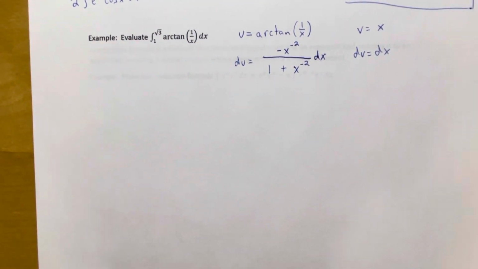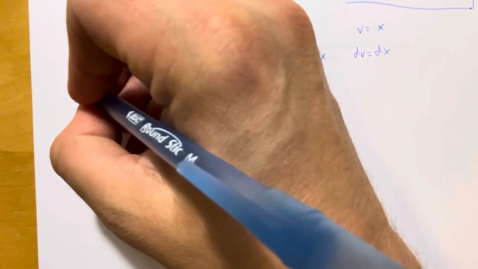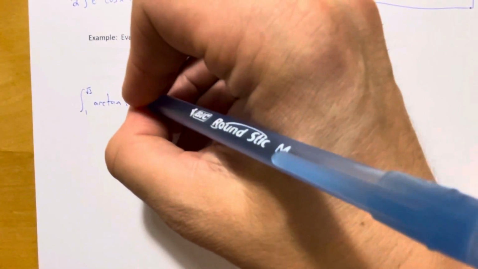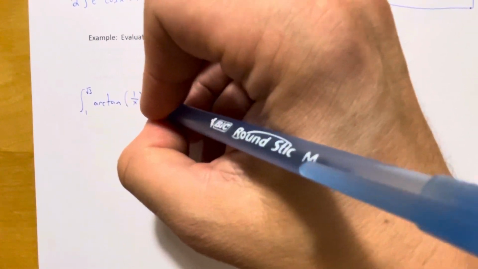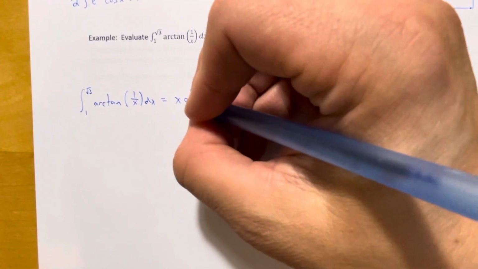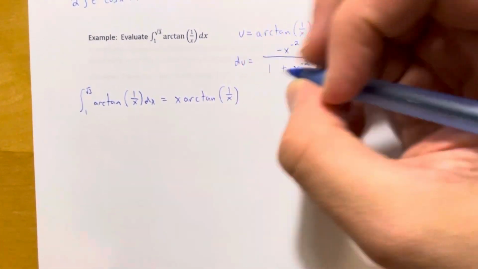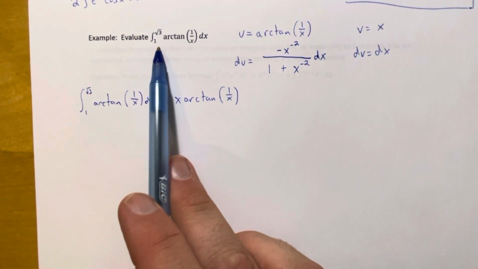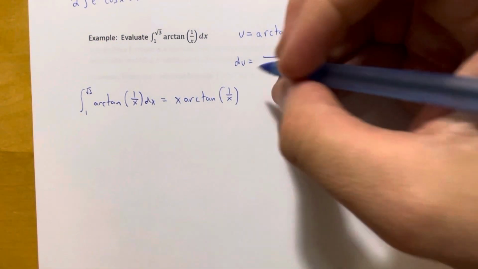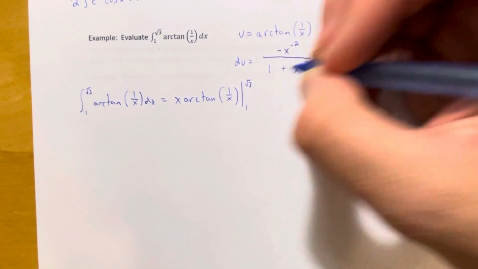Let's include that. Let's set up our integration by parts. So I have the integral from 1 to root 3 of arctan of 1 over x dx is equal to what? uv, which looks like x arctan of 1 over x. Now, because this is a definite integral, I don't want to just leave this expression by itself. We have to evaluate it from 1 to root 3.